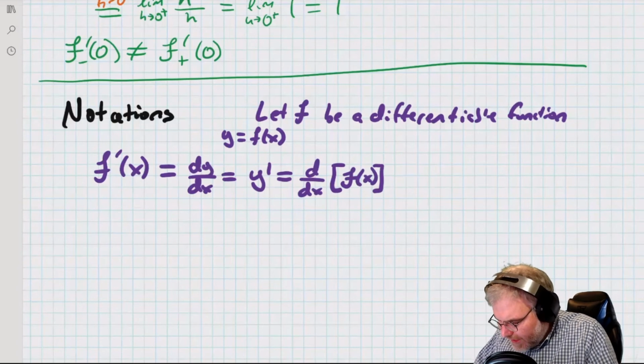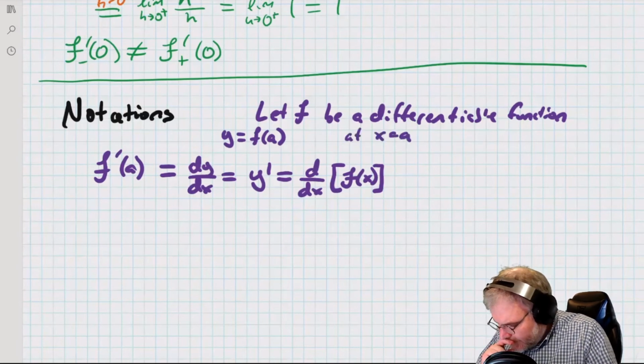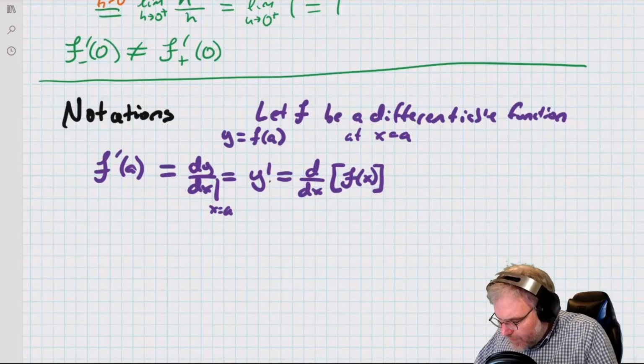Let's do this as f of a. So this is f prime of a, the derivative of the function at x equals a, which is the same as dy/dx at x equals a, which is the same as y prime at x equals a, which is the same as d over dx at x equals a of f of x.